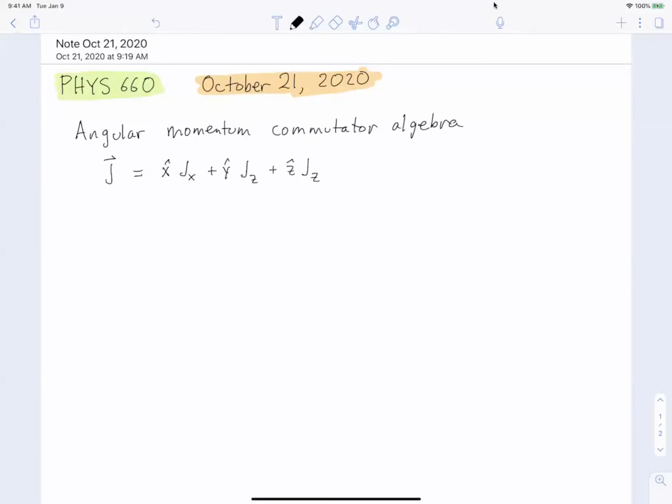We also found it convenient to define its magnitude squared, which is just the sum of its rectangular components. So that's also a Hermitian operator.